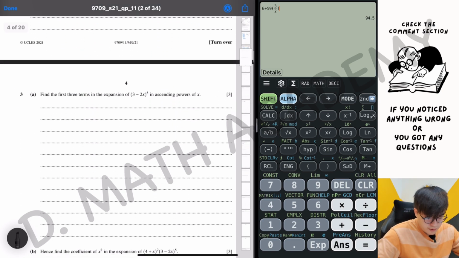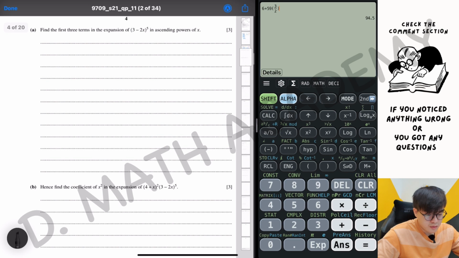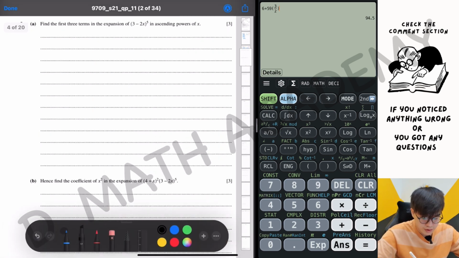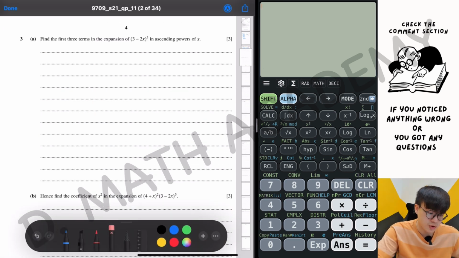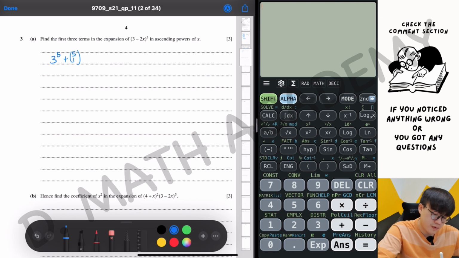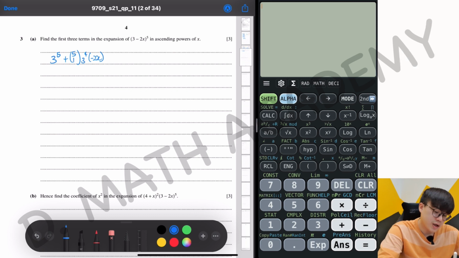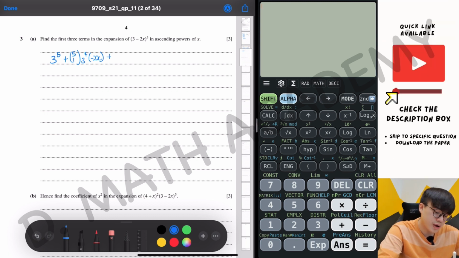Moving on, we have our question 3 here. They want you to expand this into the first 3 terms. They want us to use the binomial expansion formula. So for this, you follow the formula that goes by 3 to the power of 5, adding up with 5C1, 3 to the power of 4, negative 2x, followed by 5C2, 3 to the power of 3 and negative 2x squared.